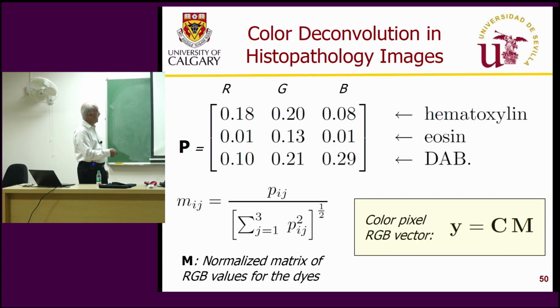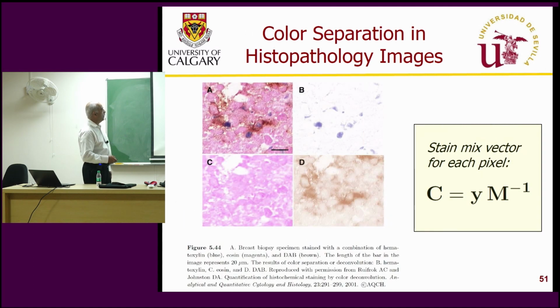Normalize each value here, Pij, with this, and that gives you the matrix M of this stain. So a pixel in the given image is Y equal to CM, and you want C, which is Y M inverse. M is only 3 by 3, so inverting that should not be a problem.